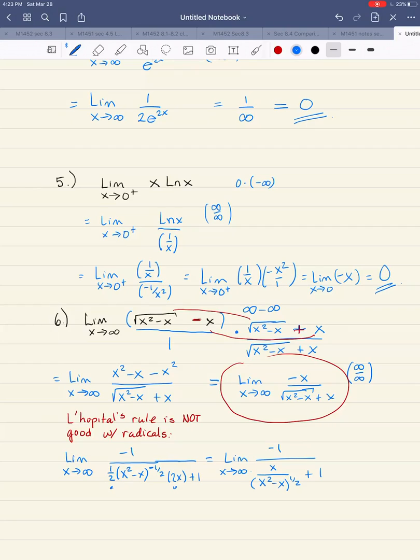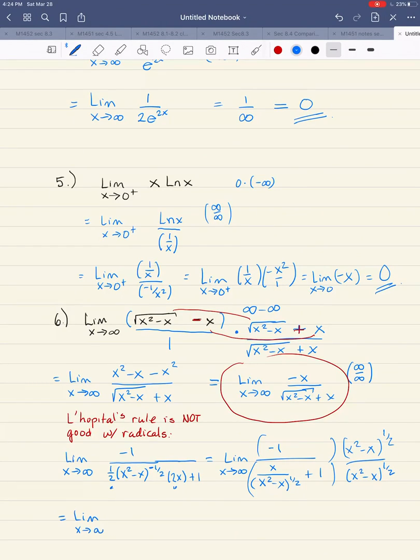So take a look at what's happened. I've got x going to infinity, and this expression here in the denominator has the form of infinity over infinity. So that's bad. I can try to clean that up by multiplying top and bottom by this denominator, x squared minus x to the 1/2 over x squared minus x to the 1/2.